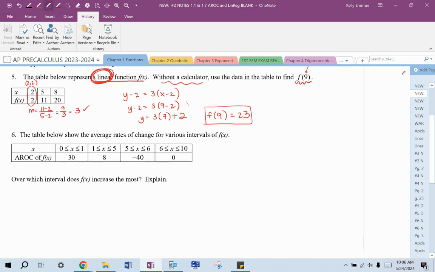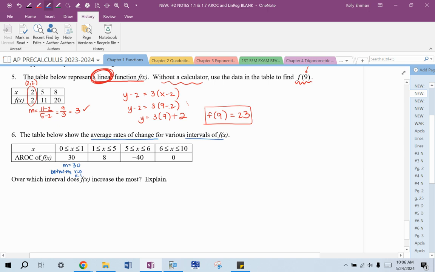We see tables like this in calculus all the time for number 6. So the table below shows the average rates of change for various intervals of f of x. Now this one's tricky, and again, I wanted to practice this before I let you loose in AP Classroom, but you'll see something similar to this again. The average rate of change of f of x, the slope, is 30 between x equals 0 and x equals 1.